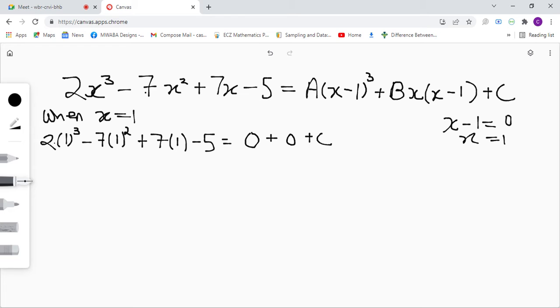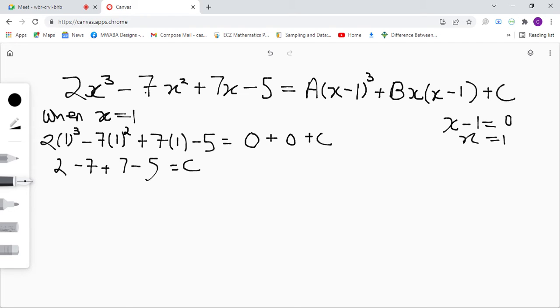So 1 cubed is 1. 1 times 2 is 2. 1 squared is 1. 1 times negative 7, we get negative 7. 7 times 1 is 7, so plus 7, minus 5, equals c.